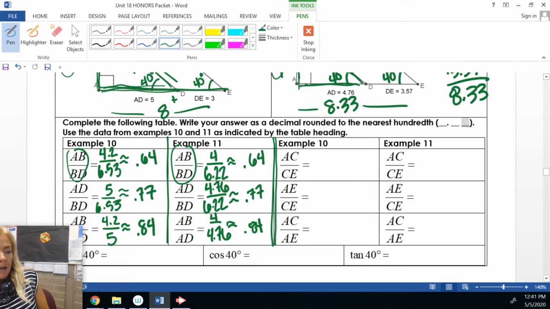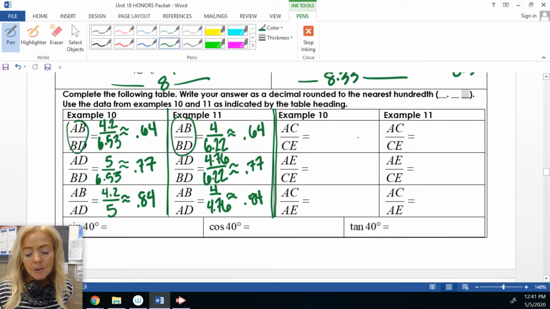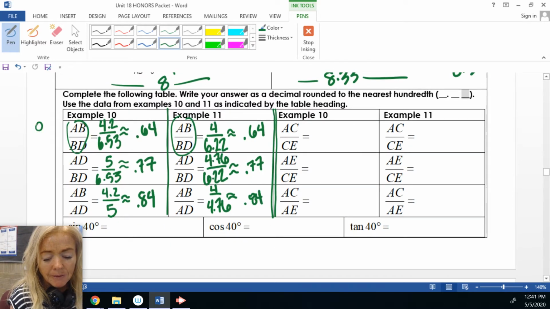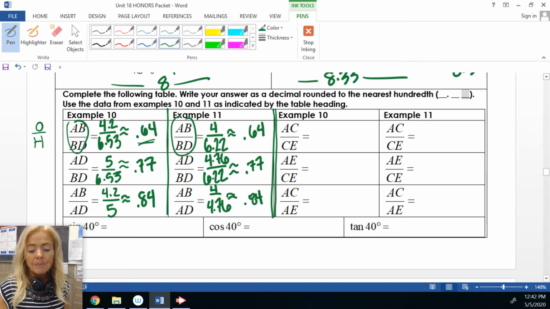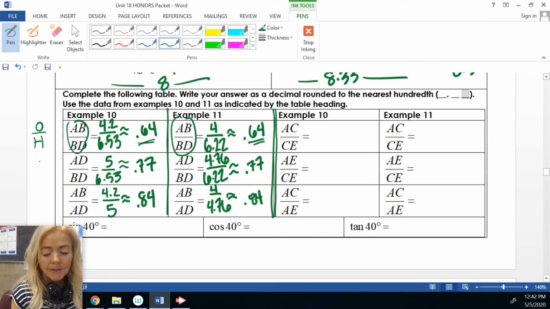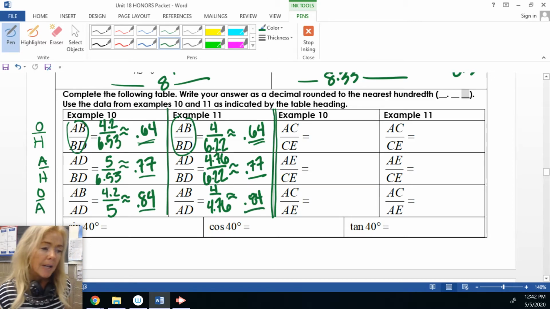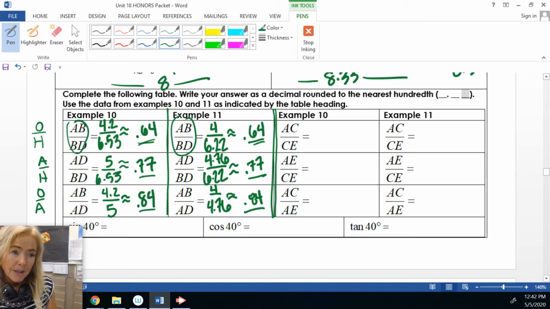So the truth is, no matter how big or how small those triangles are, when you have a 40-degree angle in a right triangle, if you take opposite divided by hypotenuse for the 40-degree angle, you get 0.64. In both cases, if I take adjacent divided by hypotenuse, I get 0.77. If I get opposite divided by adjacent in both cases, I get 0.84 for that 40-degree angle.